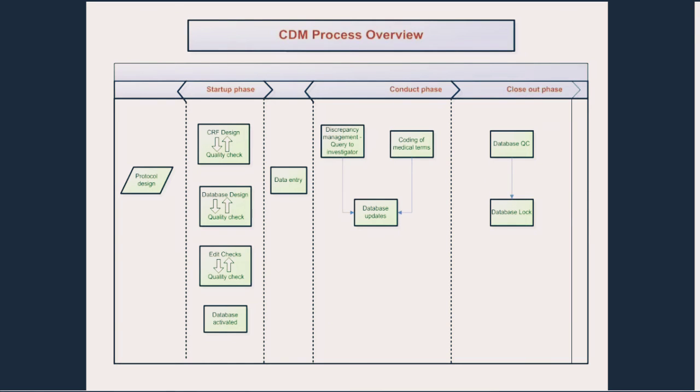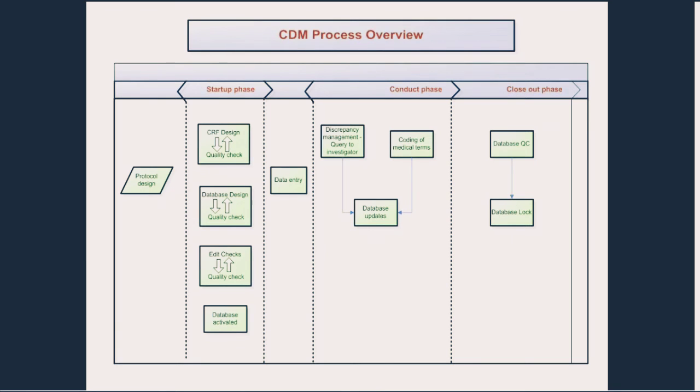Similarly in medical coding, the medical coder checks whether all the data is clean or not, and if it is not clean, they send a query to the particular stakeholders. After discrepancy management and coding, if there is no issue, it is marked as clean data.